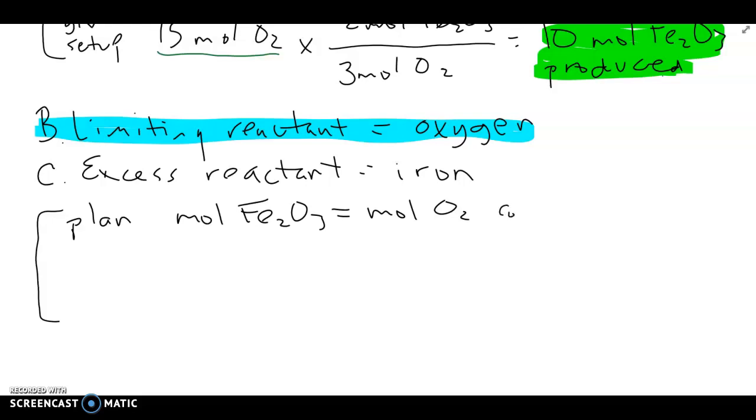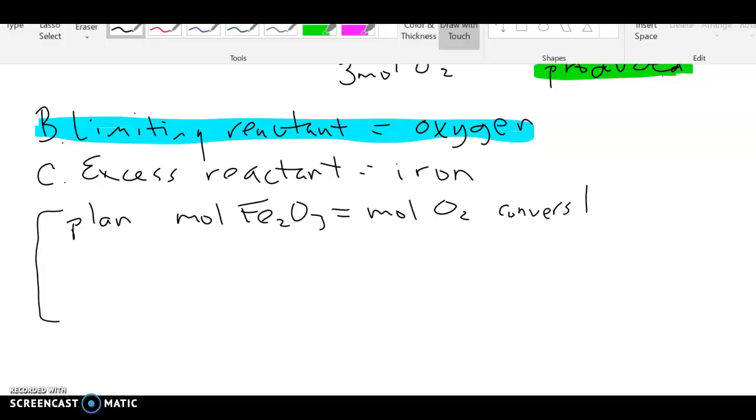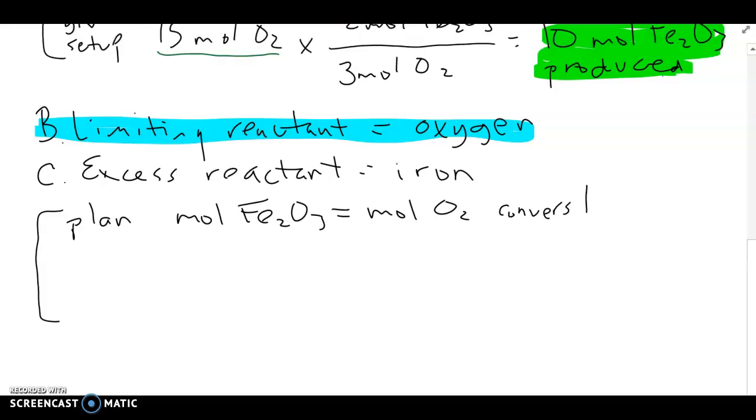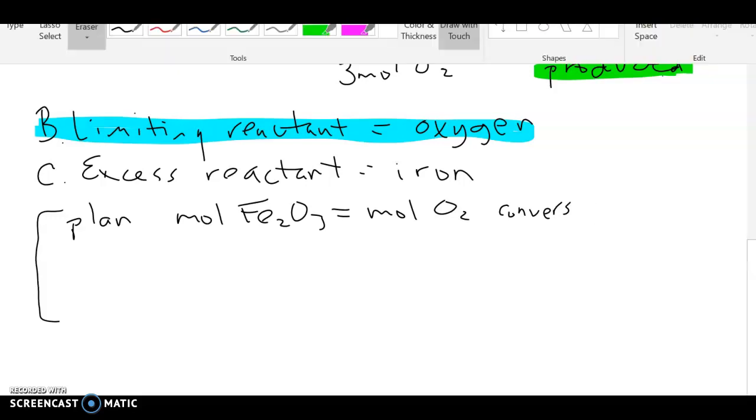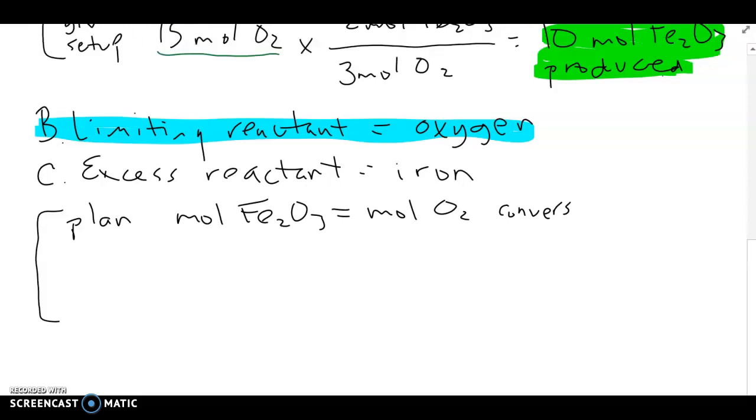Our conversion is going to be 2 moles of Fe2O3 equals 3 moles of O2.